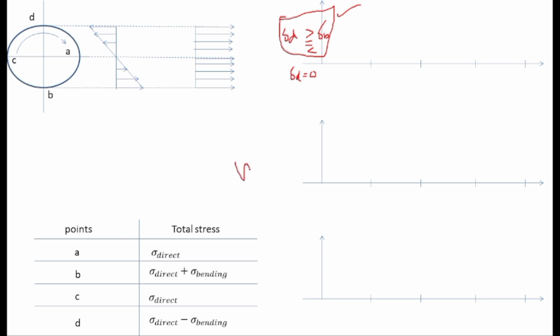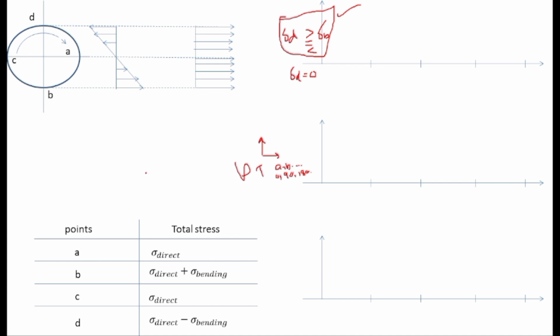So first of all, draw the total stress in the y direction and in the x direction. There are these points A, B, C and D, or angle 0, 90, 180, etc. So whether you take angle on x-axis or whether you take these points A, B, C and D, you will have the same curve.